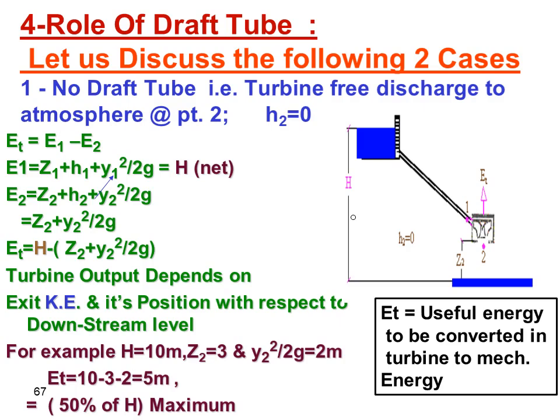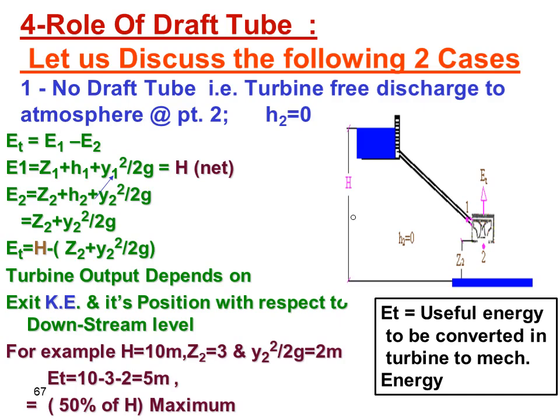If we put the turbine at a height Z2 and keep the turbine to exhaust its water to atmospheric condition without any pipe, anything, let us ask about the turbine energy.